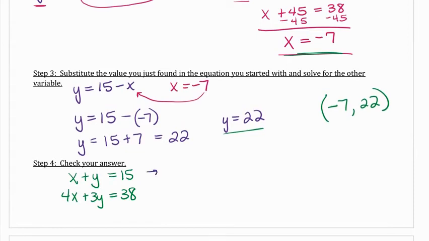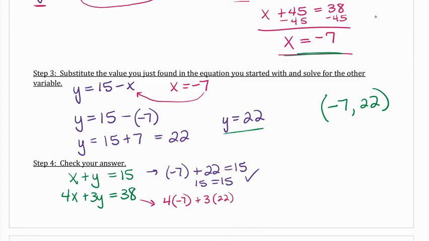So for our first one, our x is negative 7, plus our y is 22, should equal 15. Negative 7 plus 22 is 15. So 15 equals 15, it works. And then for our second equation, I'm going to do 4 times our x, which is negative 7, plus 3 times our y, which is 22, should equal 38.